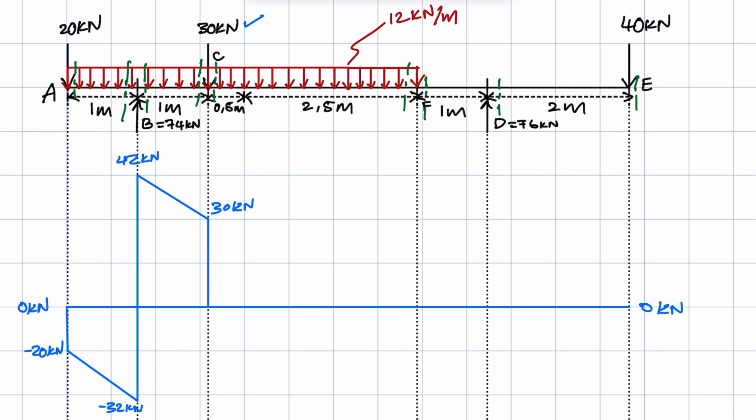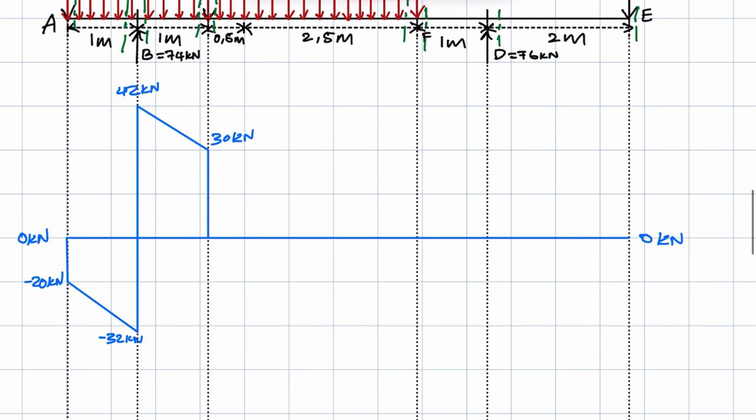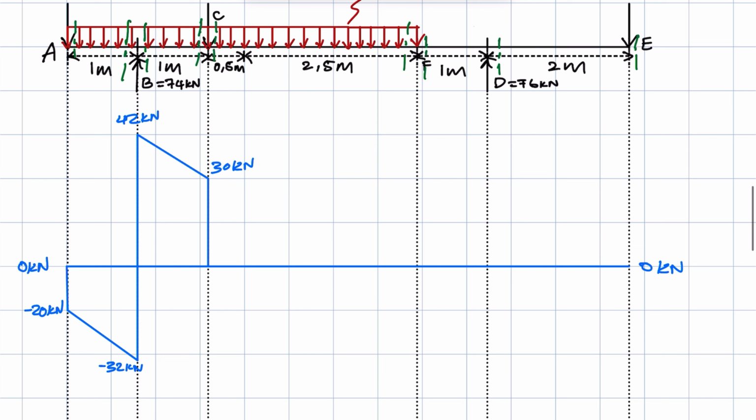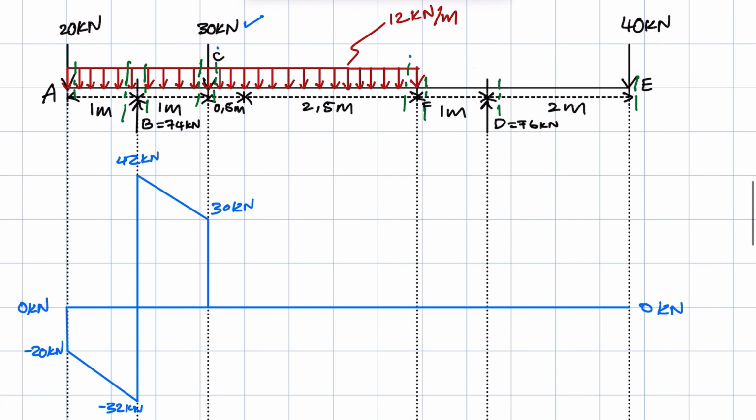Now we move on to point F. At point F, we first consider this section, and look at forces to be added or subtracted between the current section and this section. The only force to be added or subtracted is the one based on the beam.